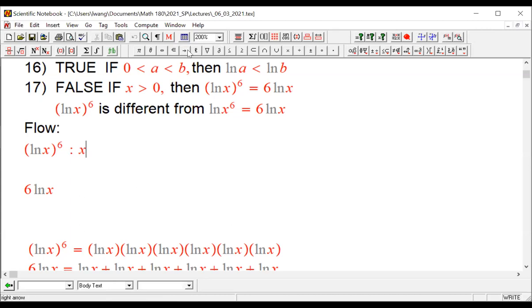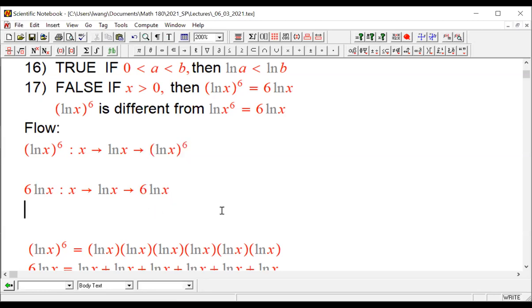The input is x, right? You're going to do ln x, and then you're going to do the ln x power, right? And what about this flow? x, you give it to ln x, right? And then what? You do 6 times ln x. Are these two the same?